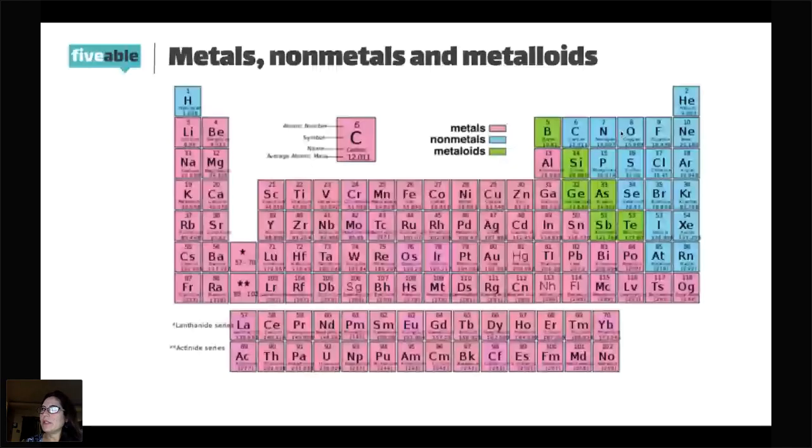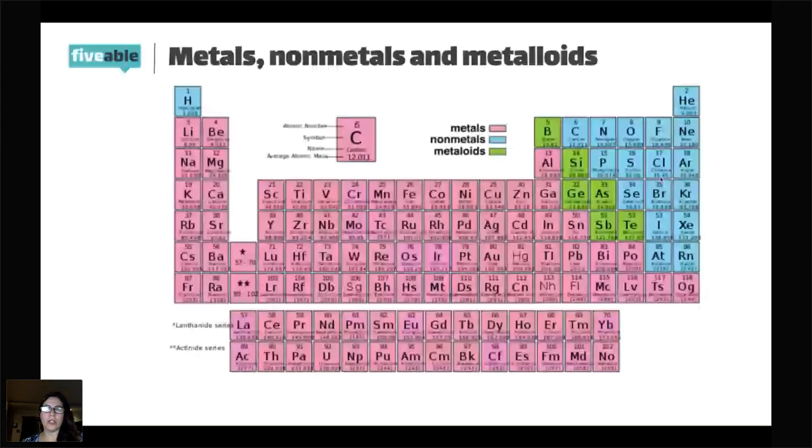Gain electrons, and we can see here that hydrogen is considered a nonmetal, even though hydrogen can lose one electron or share one electron. And then we have the metalloids here displayed in green. These ones will have characteristics of both metals and nonmetals.